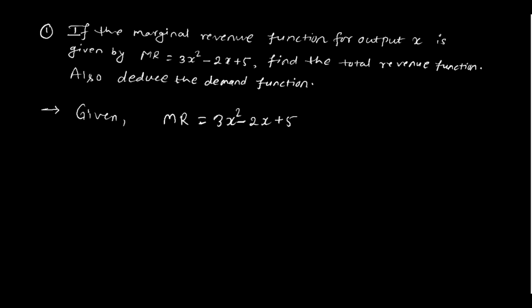total revenue function TR equals integration of marginal revenue. That is, I am going to substitute the value of MR from the given function. MR is 3x square minus 2x plus 5 dx.